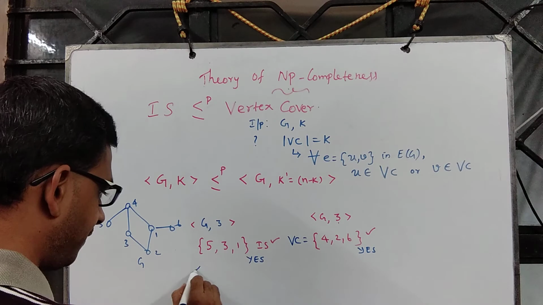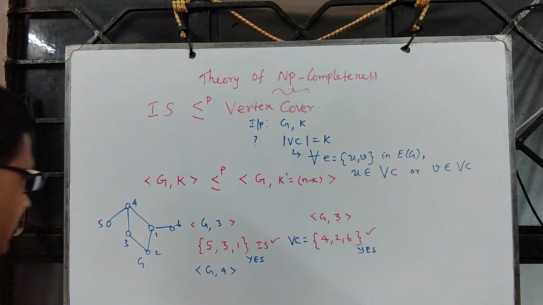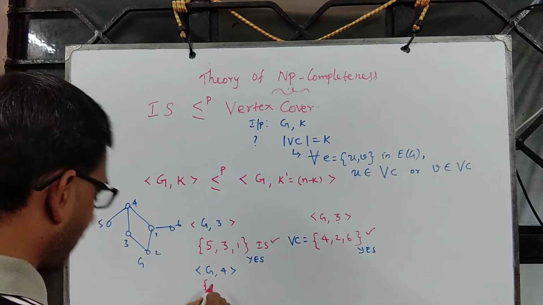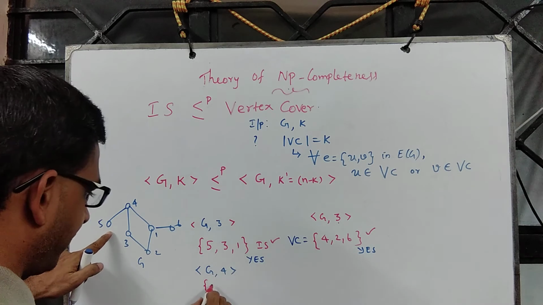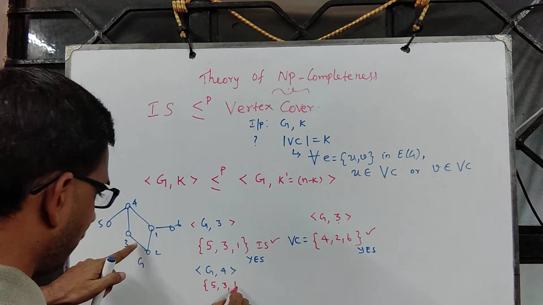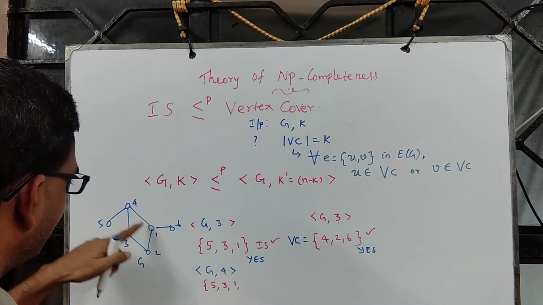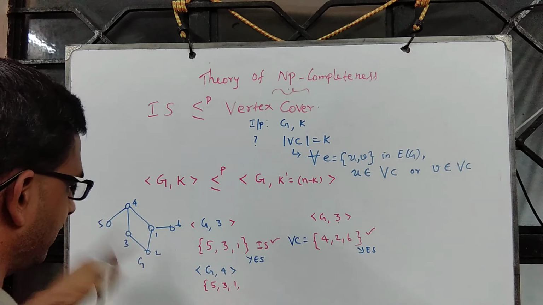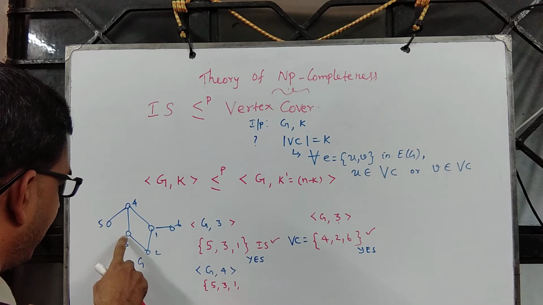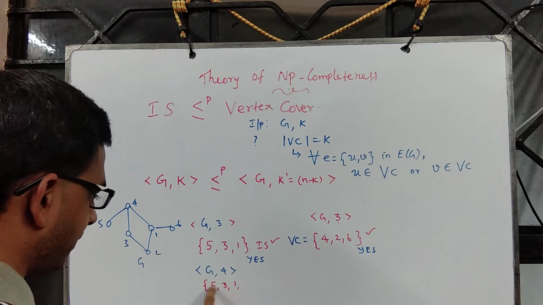For the same graph, let's look at say G comma 4. Does there exist an independent set of size 4 in this? Let me try exploring. Let's take 5 and take say 3 and then take 1. Now having taken these 3, we cannot include this or this or this. Instead of 5, 3 you try some other possibility.